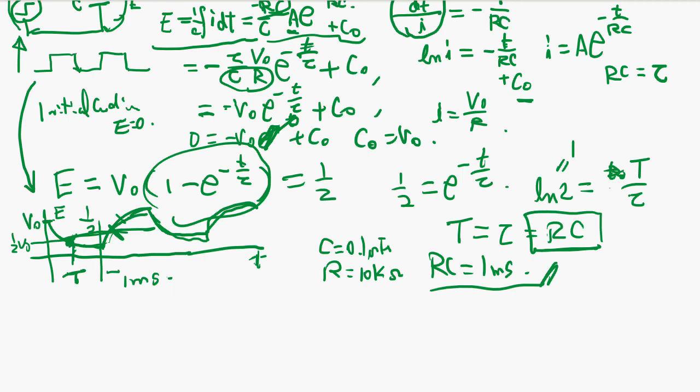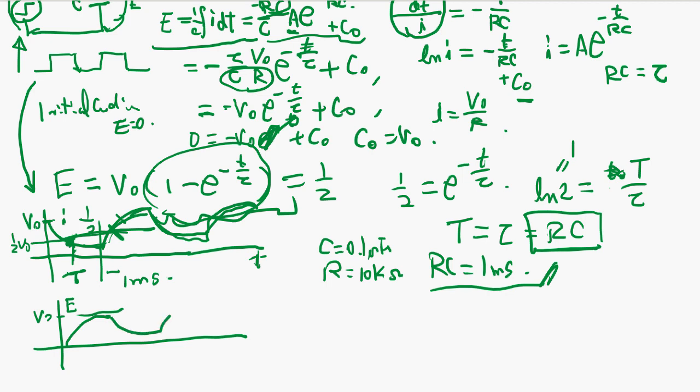Actually, this is the current, not E. The current initially flows and gradually becomes 0. The E, on the other hand, becomes like this, following this equation. This is 1/2 of V0. It's 1 millisecond for this time constant, and that's what we're going to get.